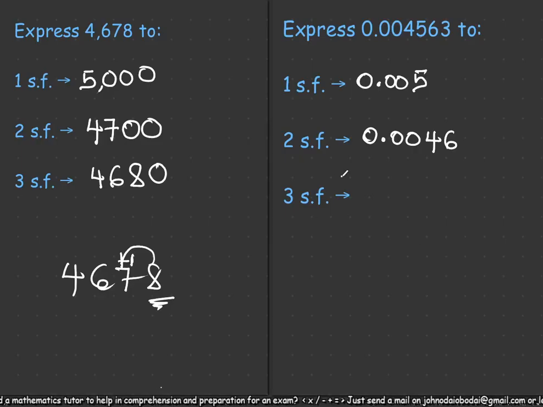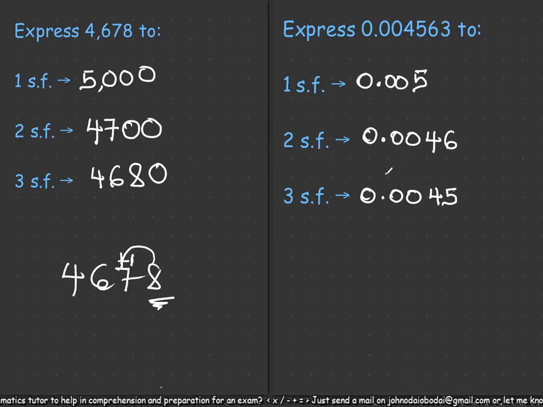Then for our last one here, we have 0.004563, right into the third significant figure. So 4 can still be written, which is our first significant figure. 5 can also be written. But out of the 6, does it maintain its 6ness or does it become another number? And that depends on this here.